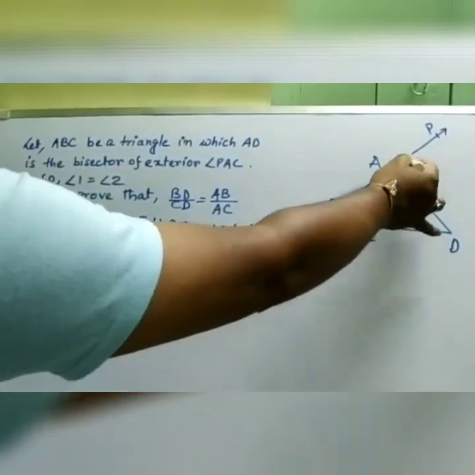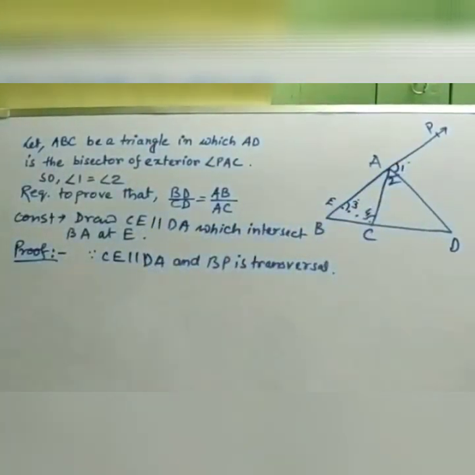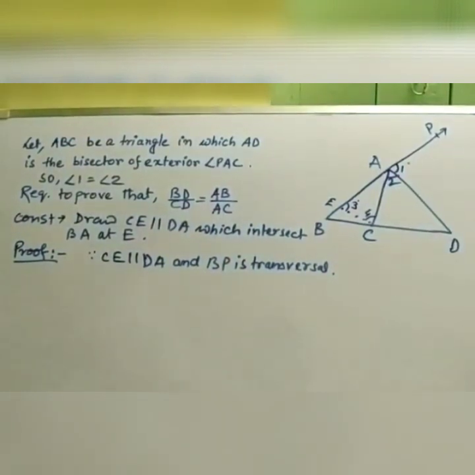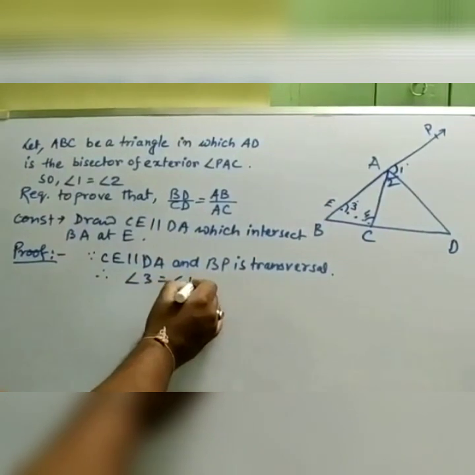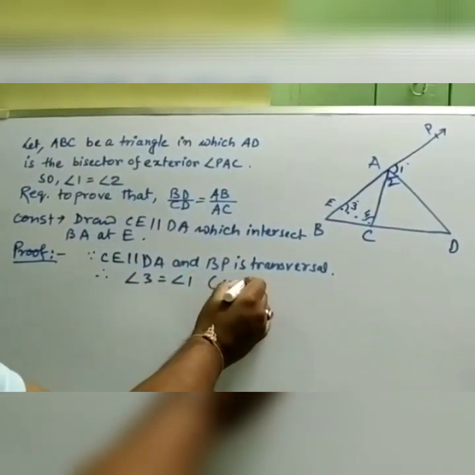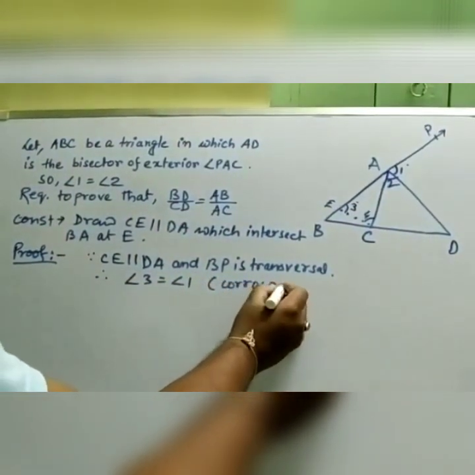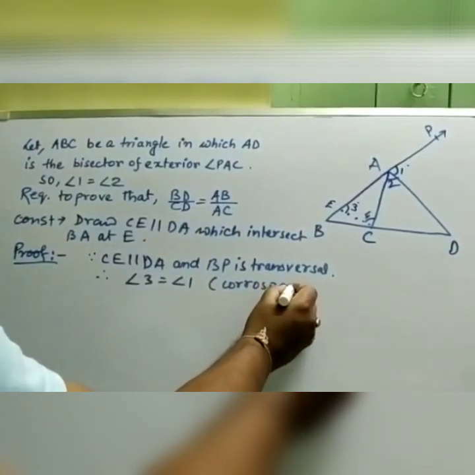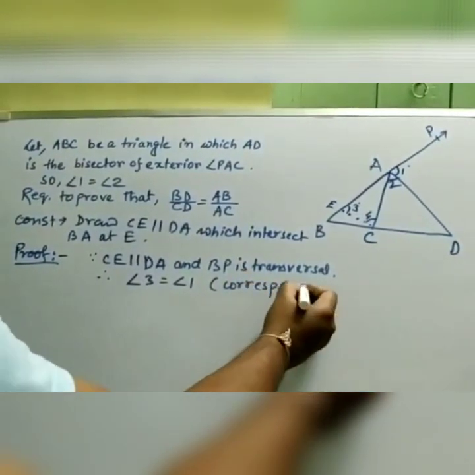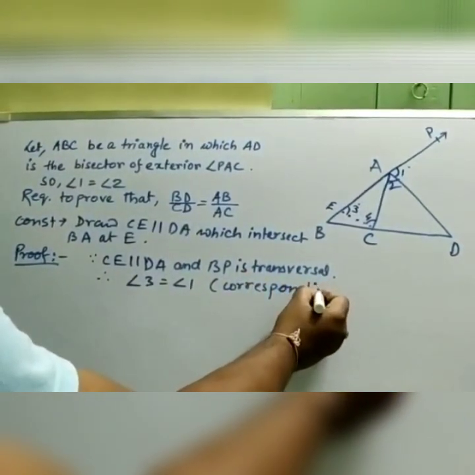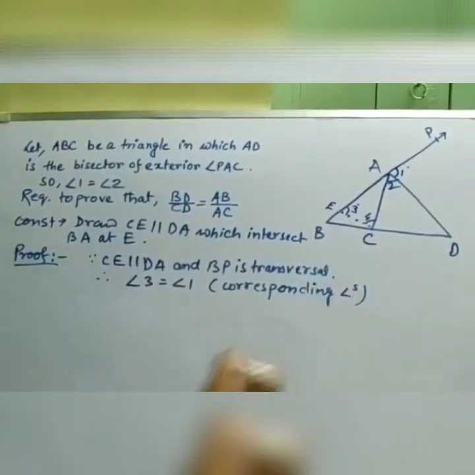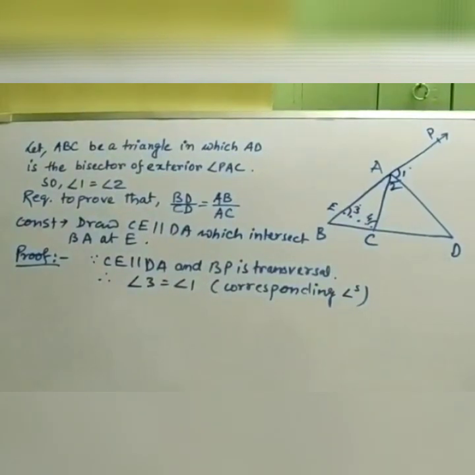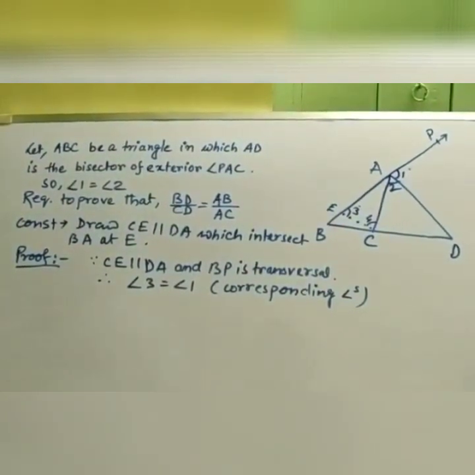So what about angle 3 and angle 1? Like the earlier one, they are corresponding angles. So we got angle 3 equals angle 1, corresponding angles.